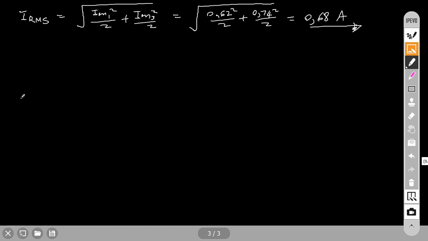So now we are calculating your voltage RMS, which will equal the square root of VM1 squared over 2 plus VM3 squared over 2.